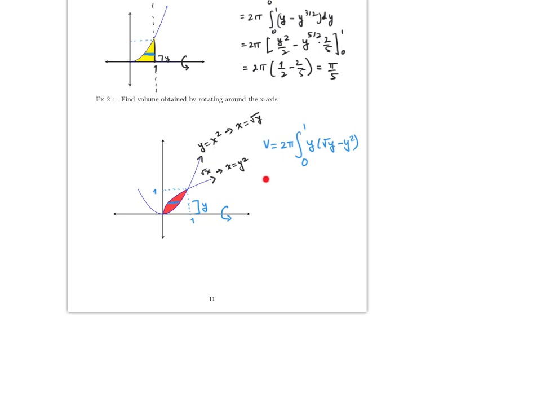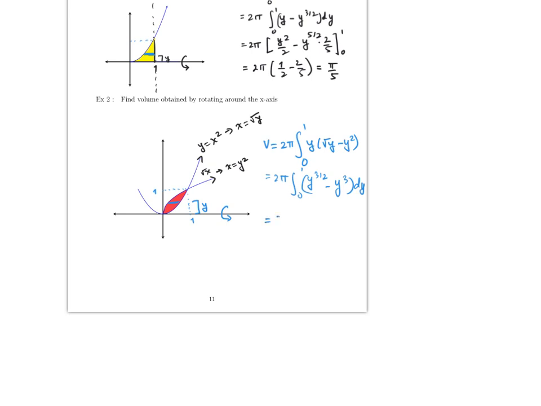So therefore this will be 2 pi, the integral from 0 to 1 of y to the 3/2 minus y cubed dy.